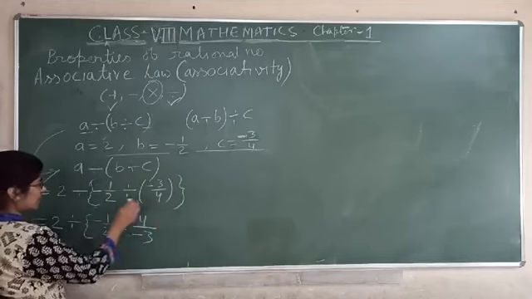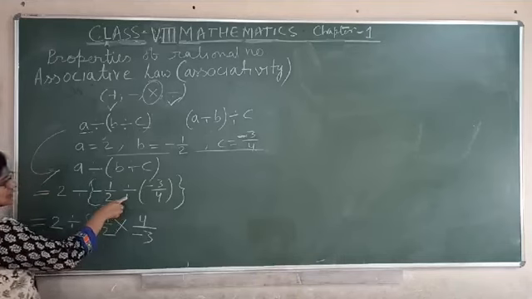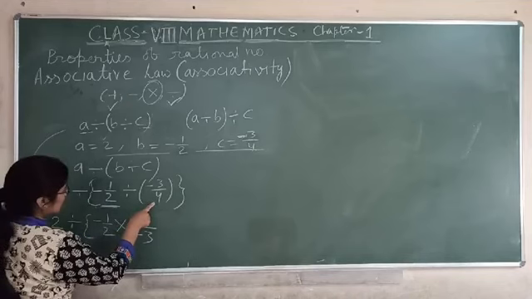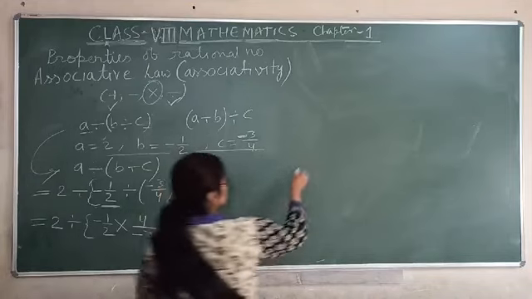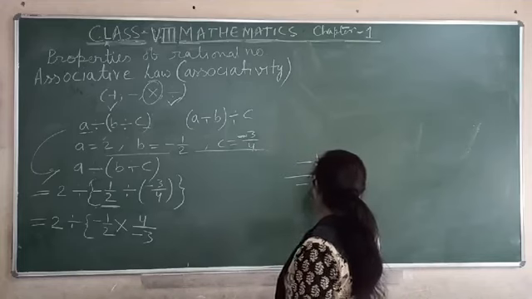Reciprocal of the second one; the first one remains as it is. The divide sign is converted into a multiply sign and we take the reciprocal. If you do like that, it will be 1/2 divided by minus 3/4.